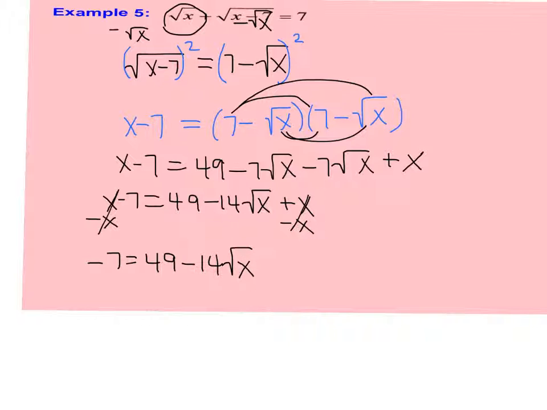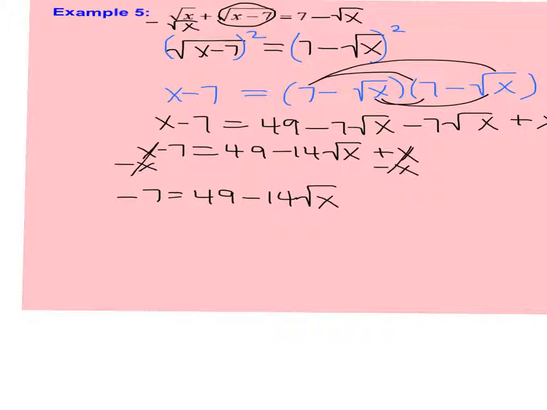Now, basically what's happened at this point is that there's still a radical in this equation. So we need to do the same thing that we did before. We need to isolate that radical and then square both sides. So that's my goal right now, is to get that square root of x by itself on the right-hand side. So let's go ahead and isolate our square root of x, like I said.